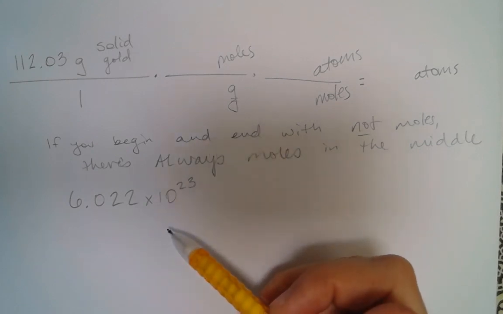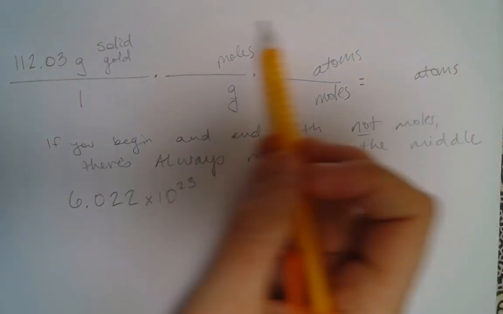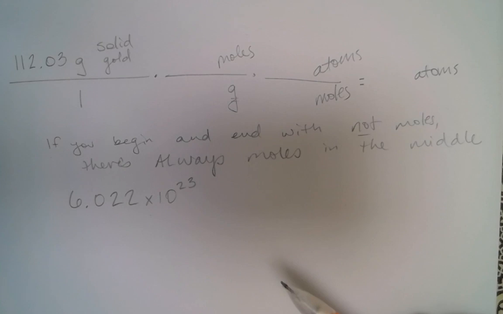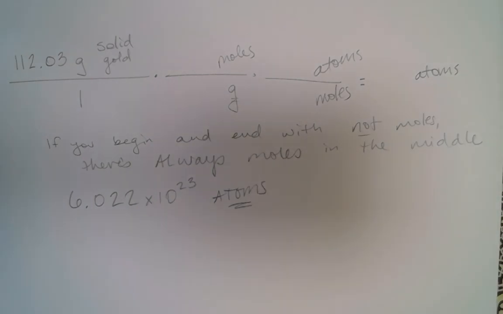But it's a huge number, and it measures something super tiny. What's the super tiny word up here? Moles. Oh, atoms. There, yes. And where are the atoms up here? In the gold. Yeah, you're looking for atoms of gold.